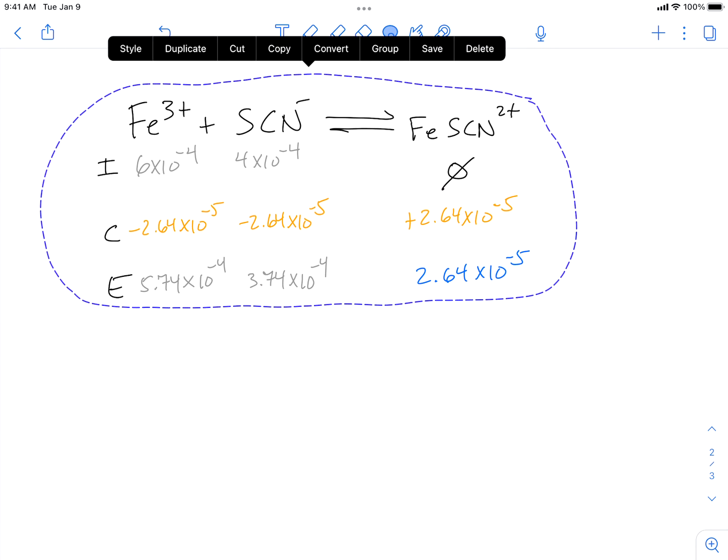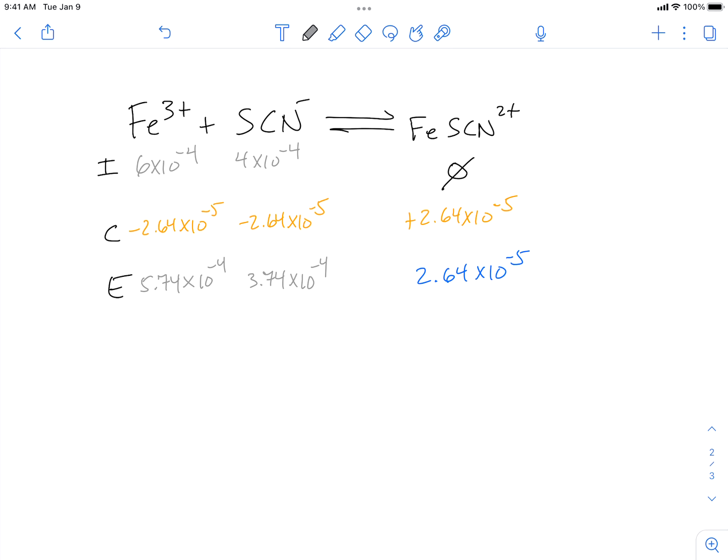Our Kc expression, or Keq, is the concentration of our FeSCN2+ complex over the iron times the thiocyanate.